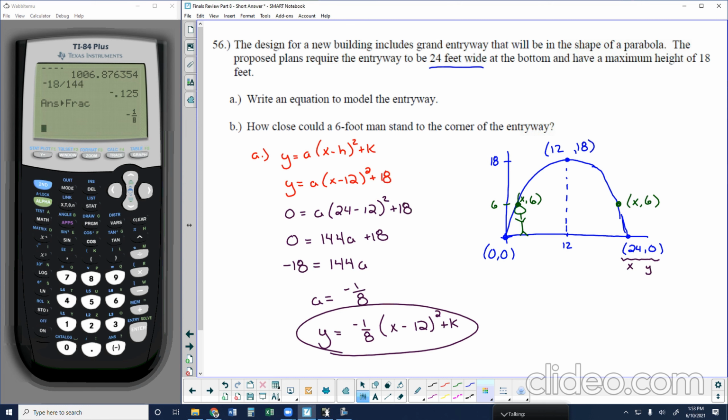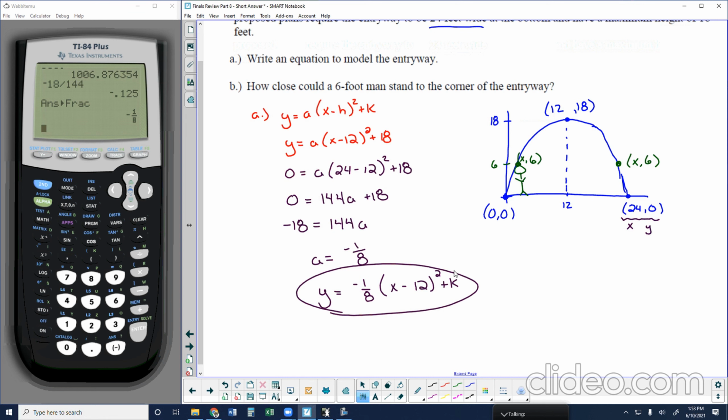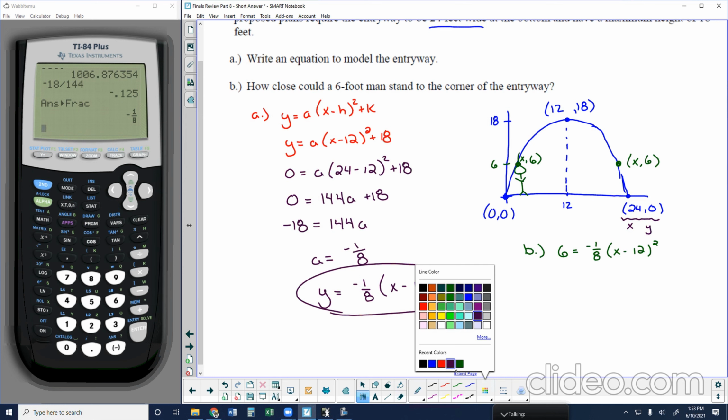We can do this graphically, by graphing and finding the intersection, or algebraically. What I could do is substitute in a 6 for the y value because we know his height. Sorry, I wrote k down incorrectly here. K should be 18. Now we can use this equation to solve for x.